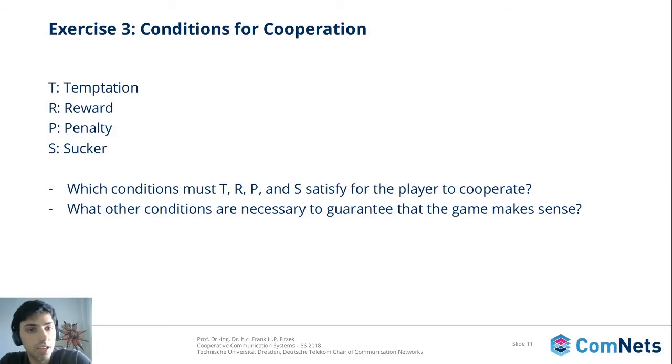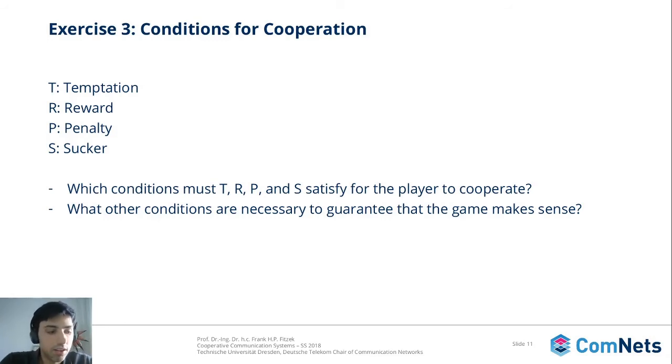If the sucker points are bigger than the penalty points, then the game will not make sense at all. So the idea is that the penalty that we get for both players defecting will be higher, the number of points will be higher than the number of points got by the sucker.